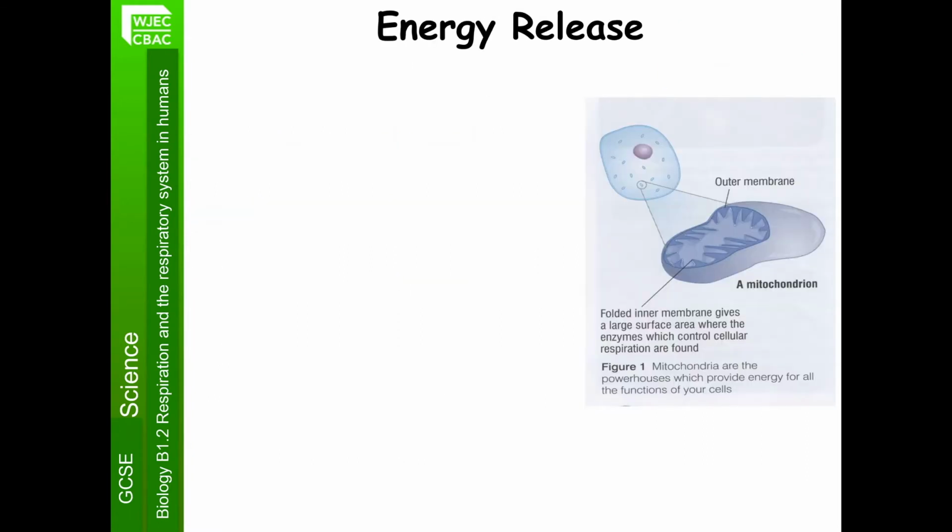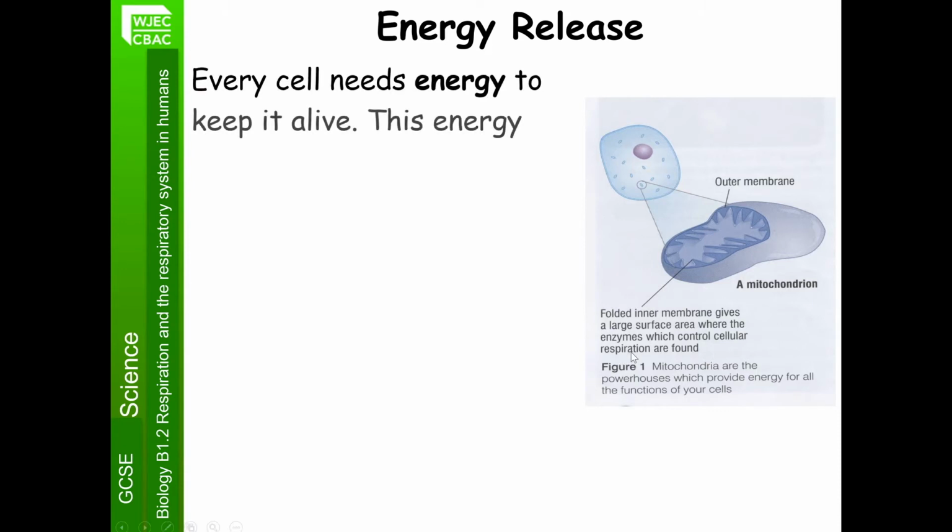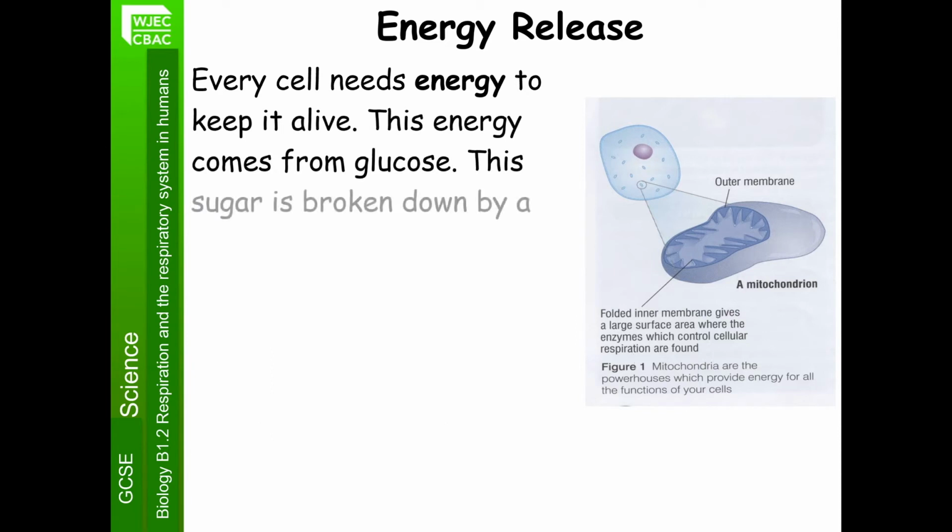So here we can see our typical animal cell with a nucleus, a cell membrane and cytoplasm. And these little dots that are inside our cell, these are the mitochondria here. The inside of the mitochondria has an increased surface area, so this is where the reaction of respiration occurs to release energy. Every cell needs energy to keep it alive, and this energy comes from the glucose that we get from our food.